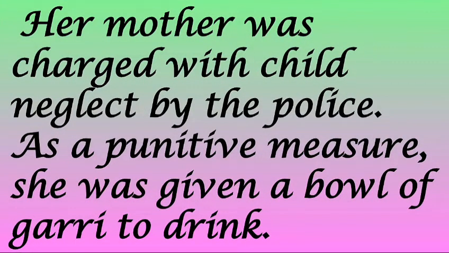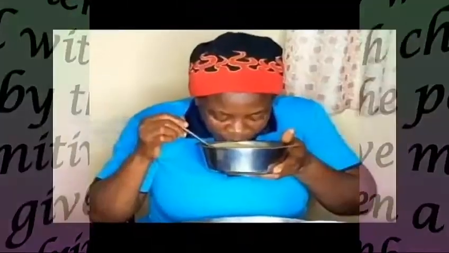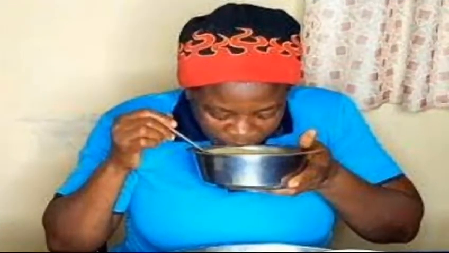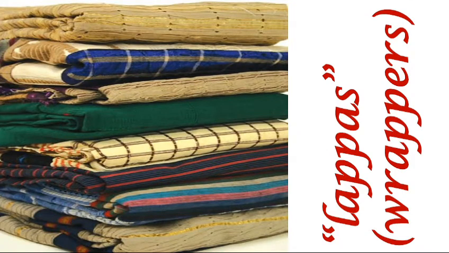But all did not go down well with Ada's mother at home, because the police charged her for child neglect, and to punish her, she was given a big bowl of garri to drink, and the police advised her to sell one of her lappers, in quotes, because that was how they were referring to wrappers.